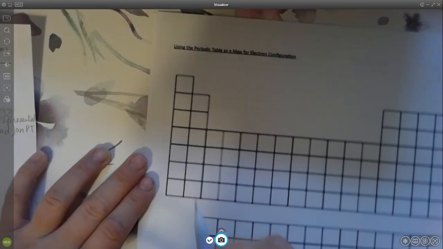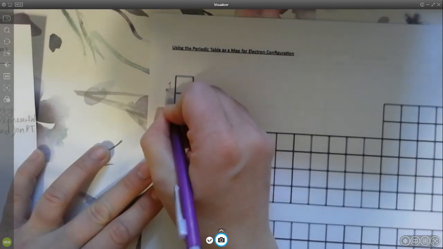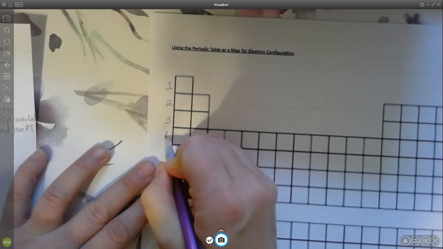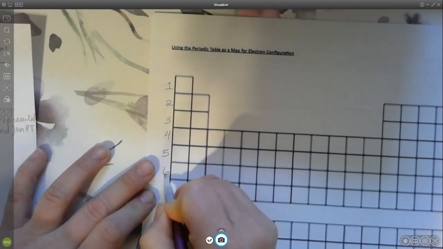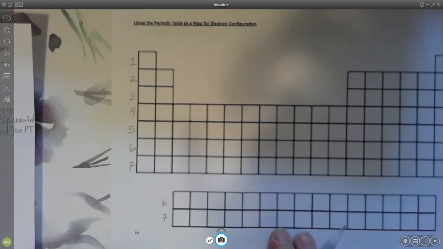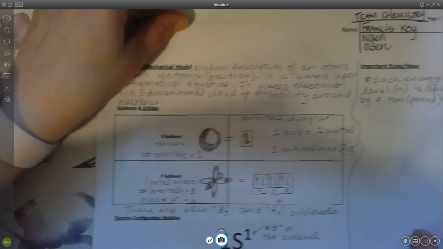In fact, if we look at our periodic table here, we might label that. And you can do this on a blank, on this printed sheet, or on the periodic table that you've already created. So you'll see 1, 2, 3, 4, 5, 6, 7. These also are 6 and 7, okay, because they belong in here. All right, let's keep moving on with a couple more ideas.